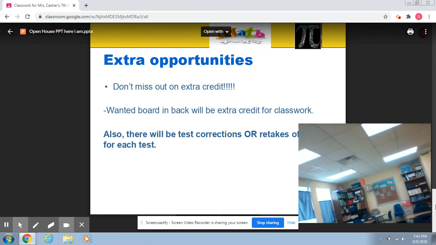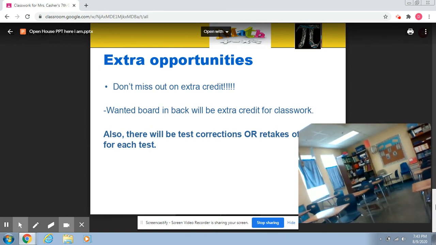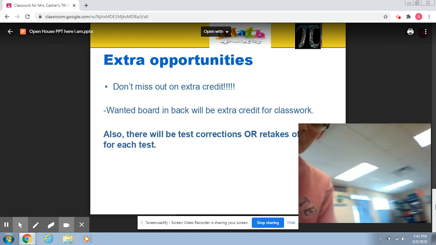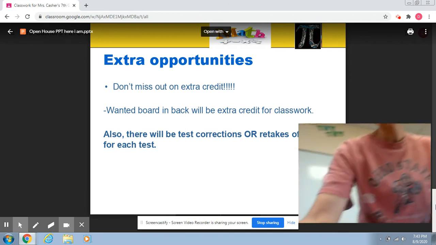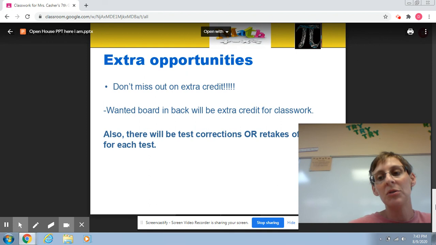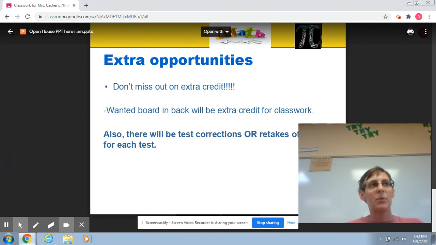So you can get a little feel for the classroom. I know it's a little crooked. Sorry. And I will send out more information. I'm going to send out a newsletter with this as well, so you can see some of the precautions we're taking. And I'm sure there's many more small things that we don't think about, but we will do everything in our power to make sure that if you are coming to school, you feel safe and secure.